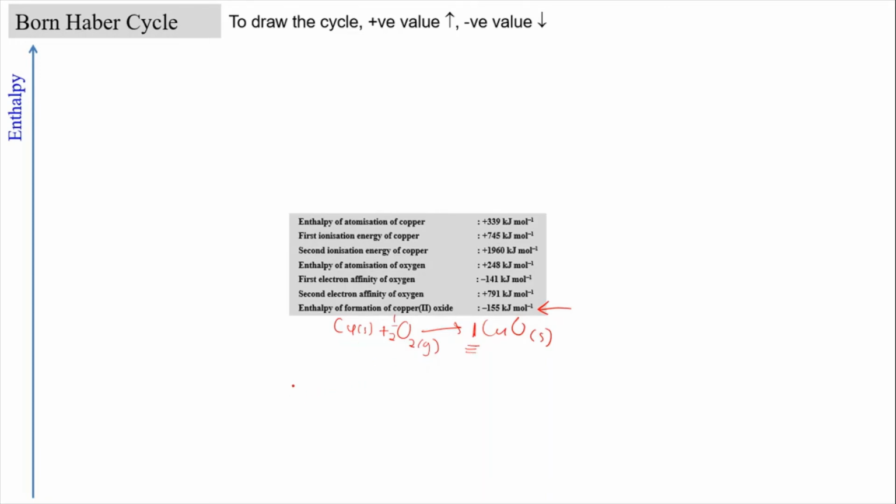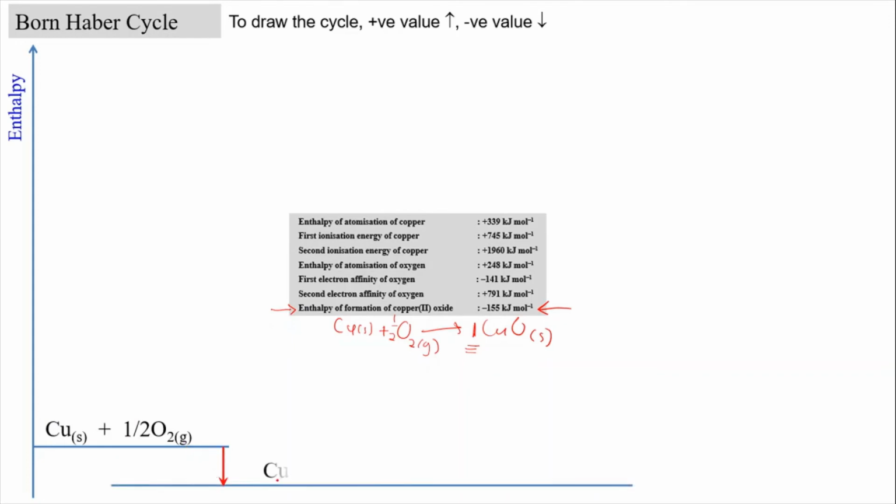All right, so let's start with this one first. Copper solid plus half oxygen gas will release energy in order to form copper oxide solid, and the release of energy is negative 115 kilojoule. All right, we settled with this equation.